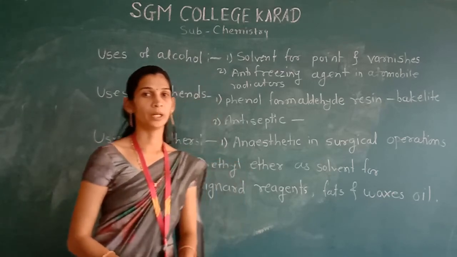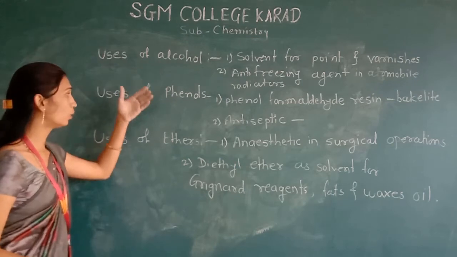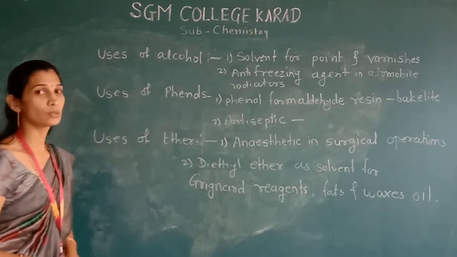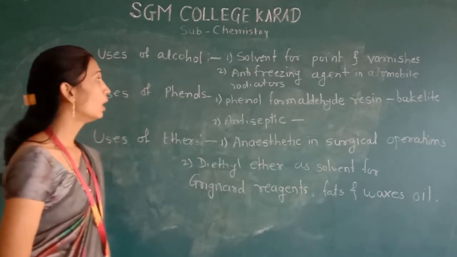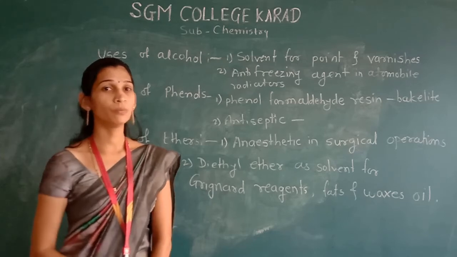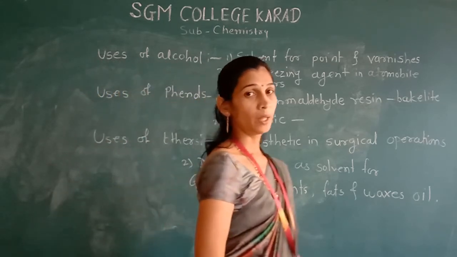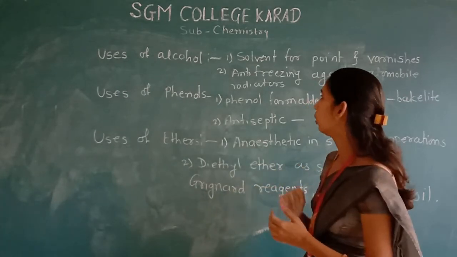Now, the last point from this topic is uses of alcohol, uses of phenol and uses of ether. Now first we see the uses of alcohol. Alcohol is used as a solvent in paint and varnishing.